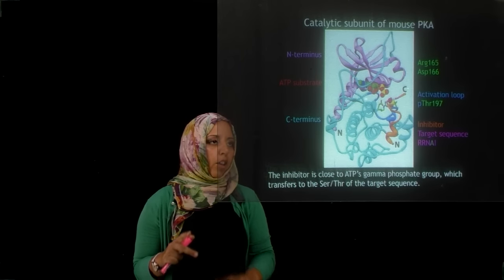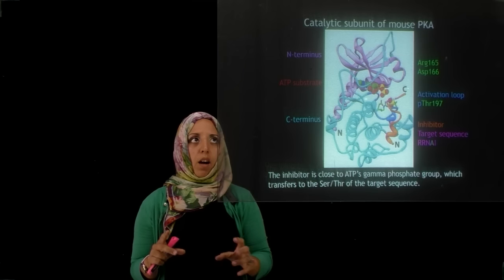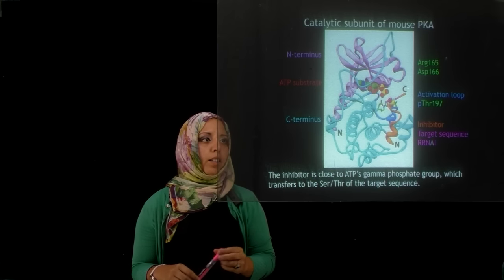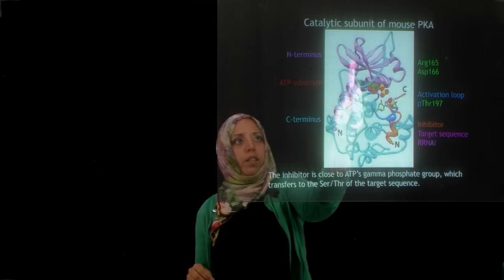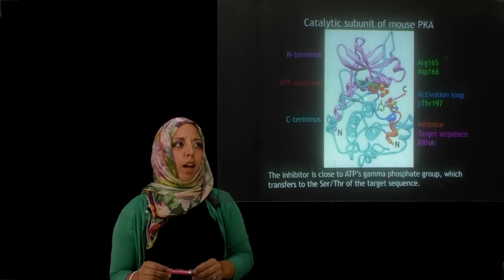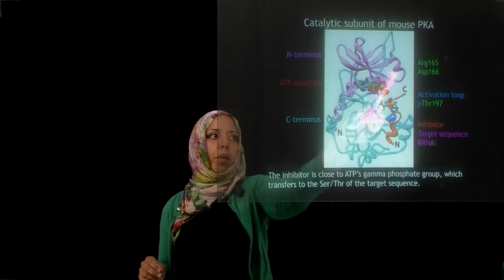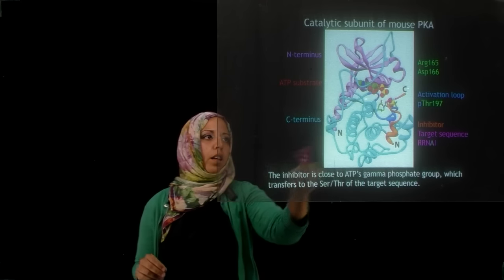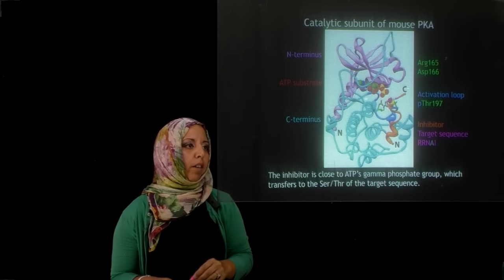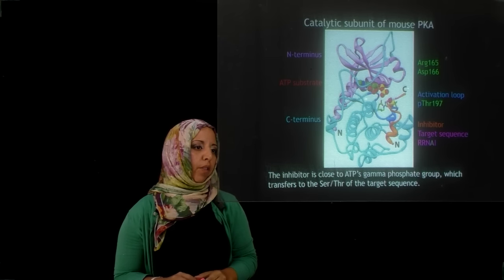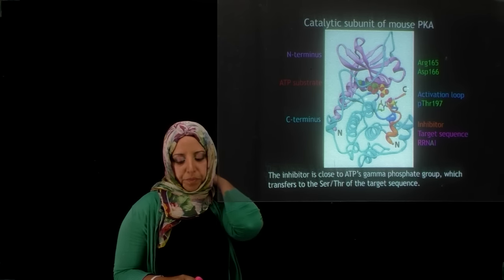So we're going to take a look at the moment at one of the catalytic subunits of protein kinase A. It is showing us the N-terminal domain, which is composed mainly of anti-parallel beta sheets. It's also composed of a short alpha helix and a longer alpha helix, whereas the C-terminal domain is mainly composed of alpha helices, right?